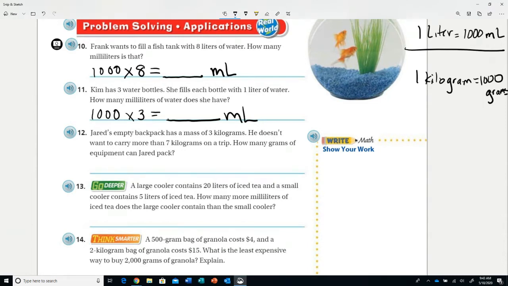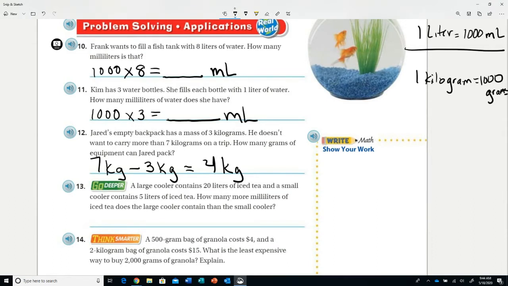So this is going to be a little multi-step. We're going to say the 7 kilogram total minus the 3 kilograms. We already know what his backpack weighs. That leaves us 4 kilograms to pack with stuff.